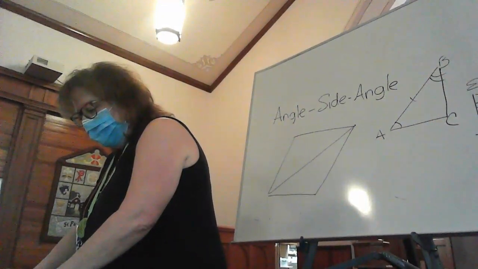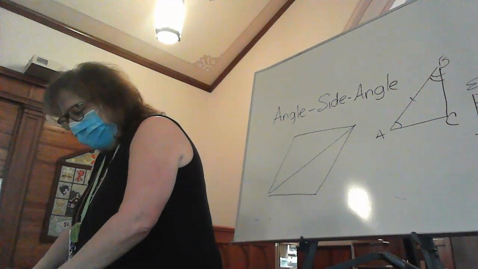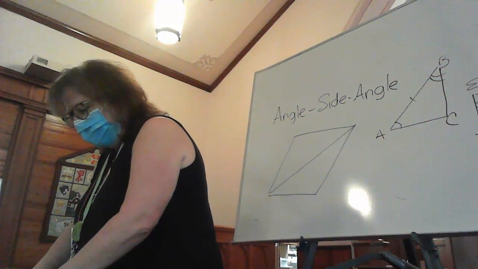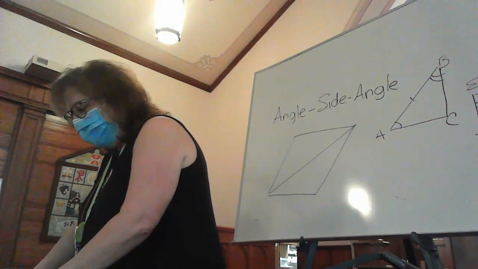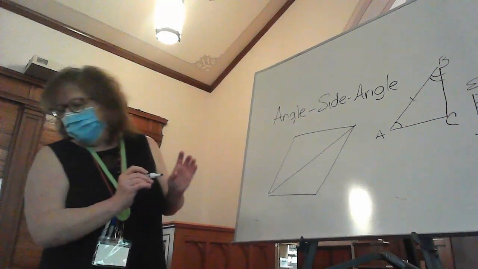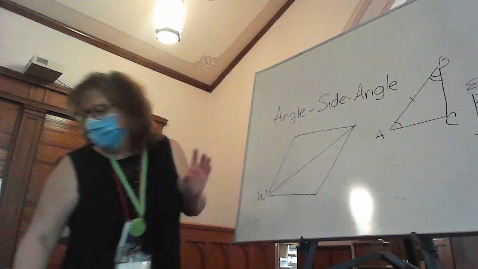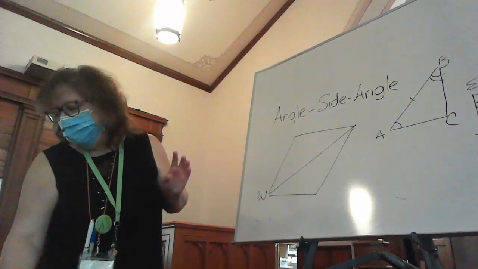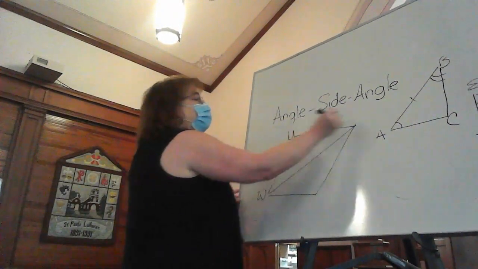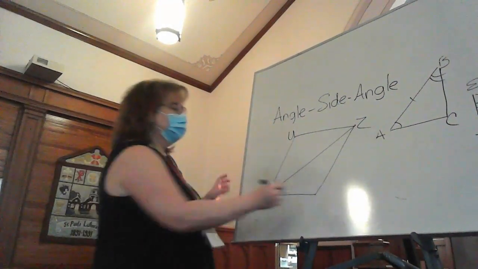All right, so let's take a look at C. And what information do they give us? They tell us that UZW, let me write these in. Let me write the WUZ and WX.